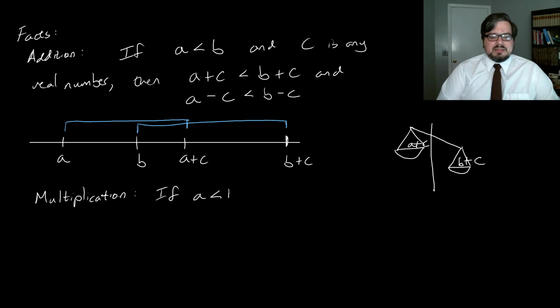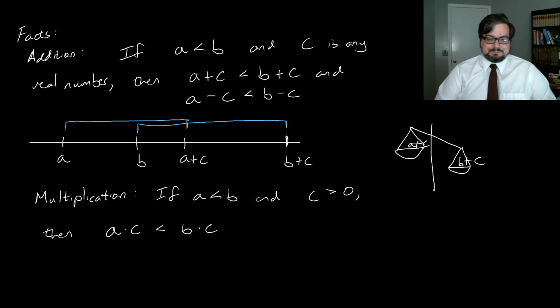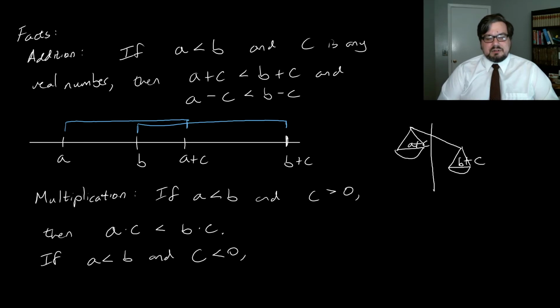If A is less than B and C is greater than 0, then A times C is less than B times C. However, if A is less than B and C is less than 0, then A times C is greater than B times C. Note the difference here.